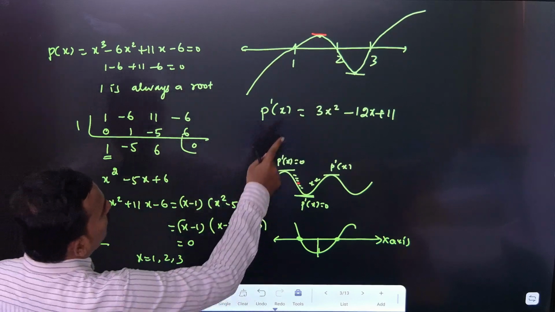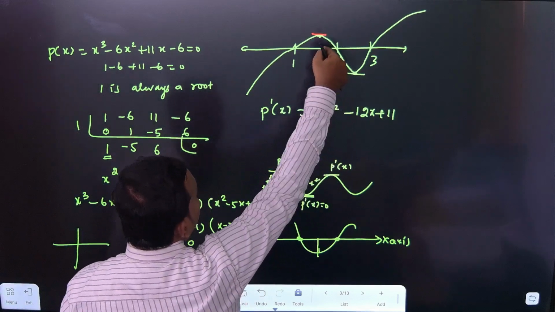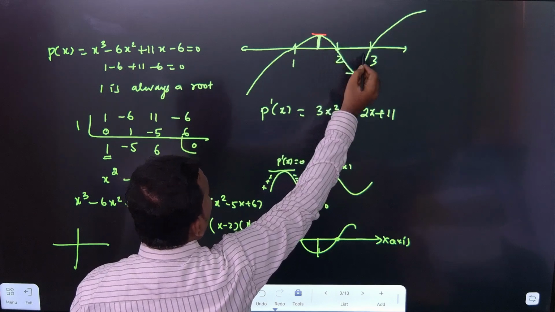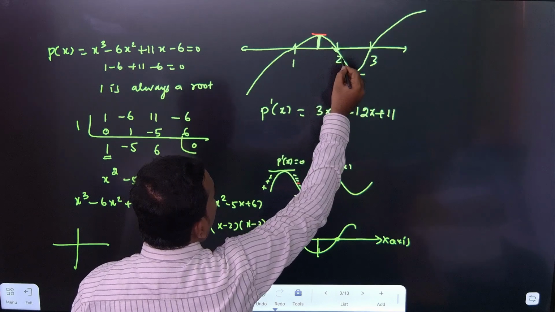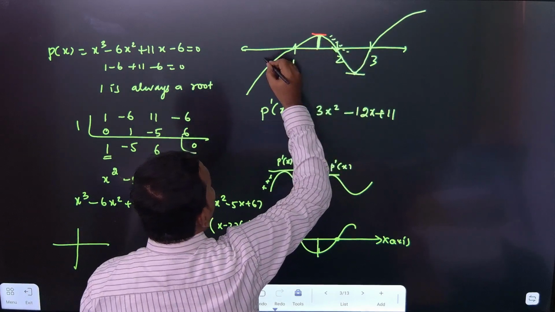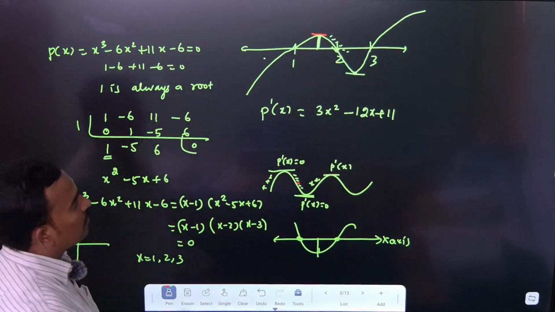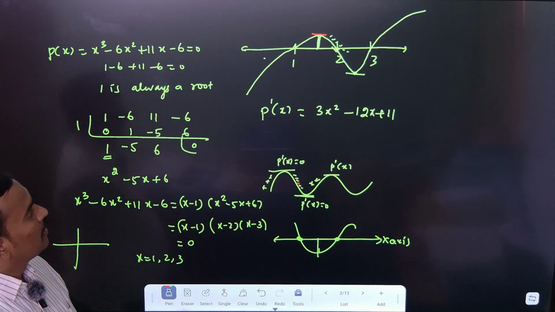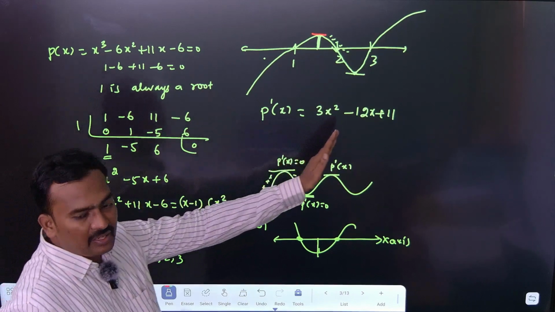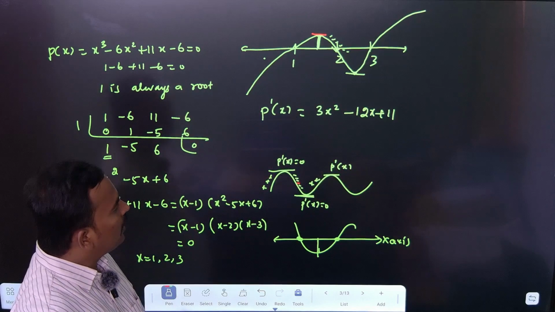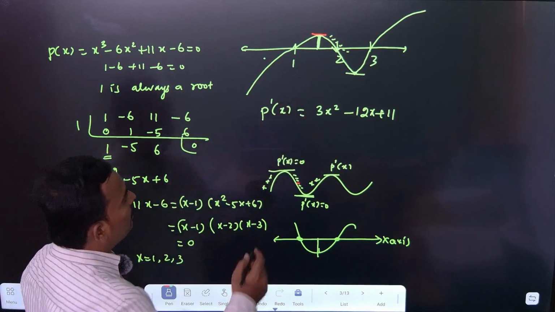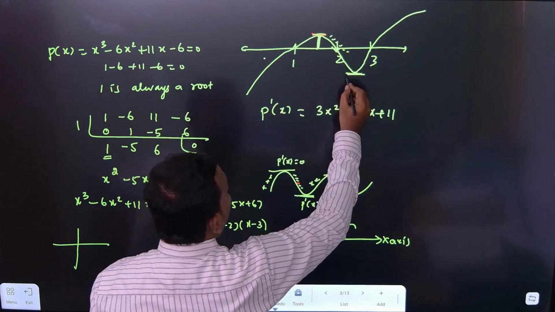The decreasing part, you can see the interval from this turning point to this turning point is decreasing. This is decreasing, this is increasing, and there, more than 3, also increasing. So you can use the quadratic formula to find the critical points. Those are two critical points, here one point, here another point.